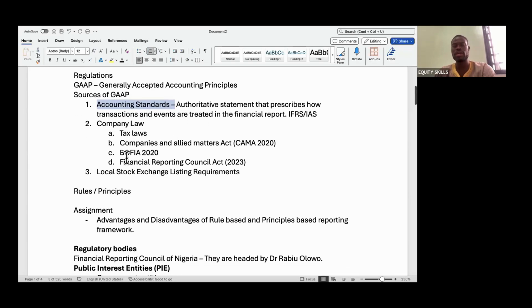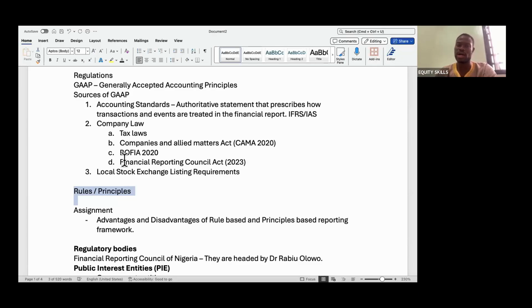Then we were able to establish that rules and principles are not the same. Rules are strict, written. It assumes that you know it and you must follow it as it is. If you don't, you would be penalized. And there are some regulatory systems or reporting systems that are rule-based.